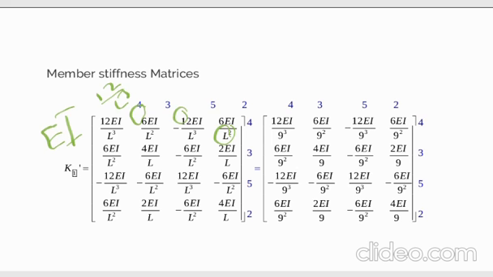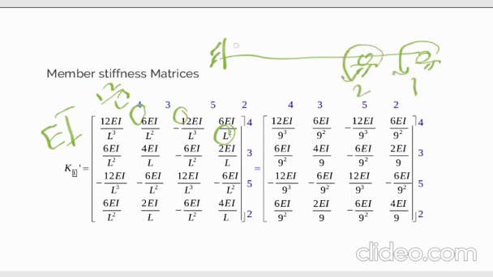So here, as you remember, our beam looks like this. Here we have rotation number 1, rotation number 2, rotation number 3, 4, 5, and 6.